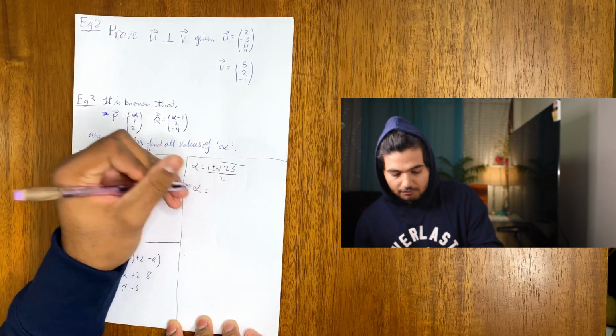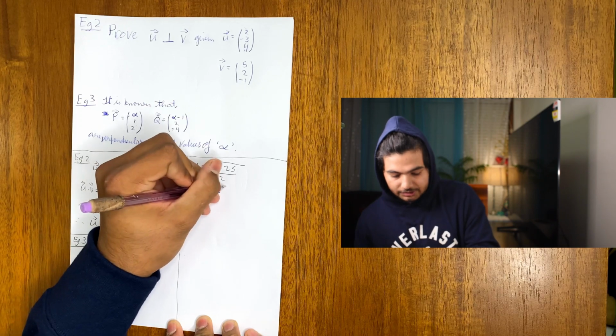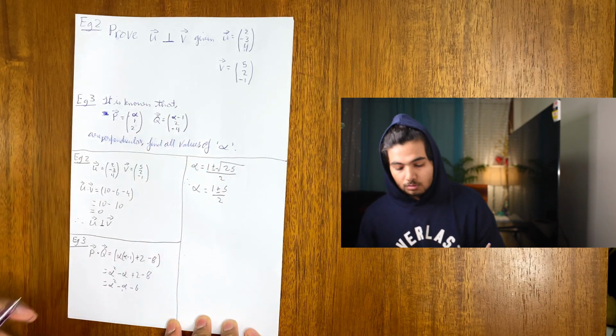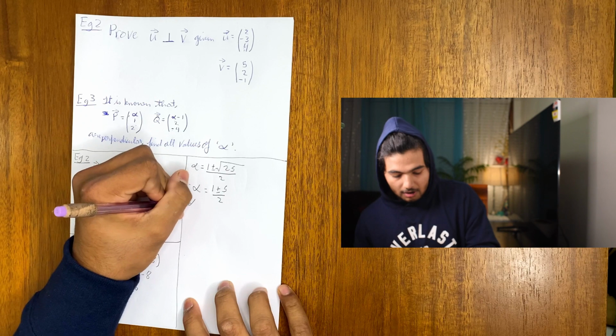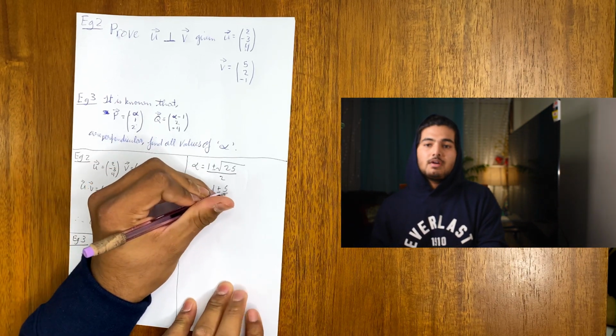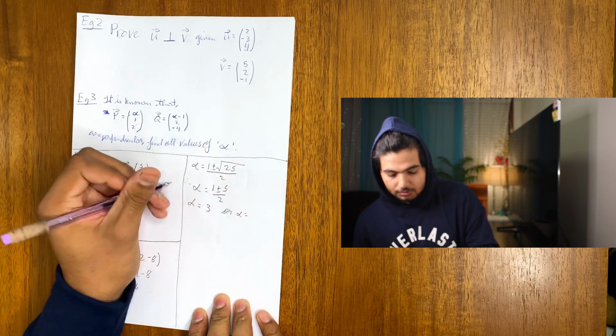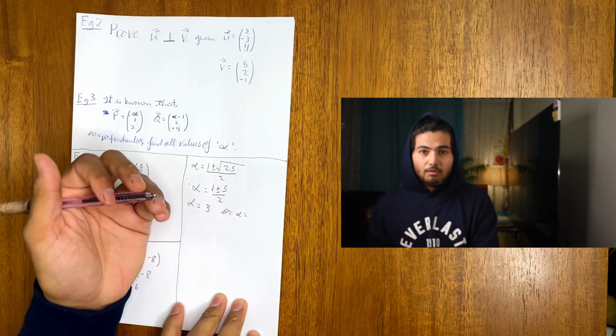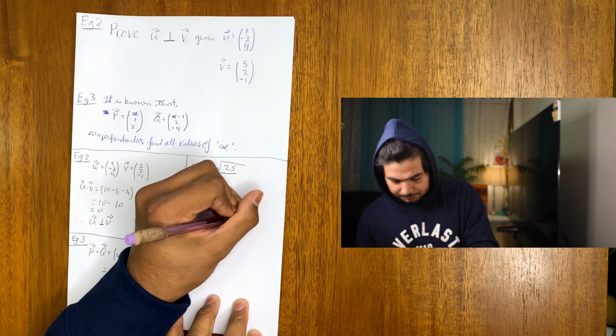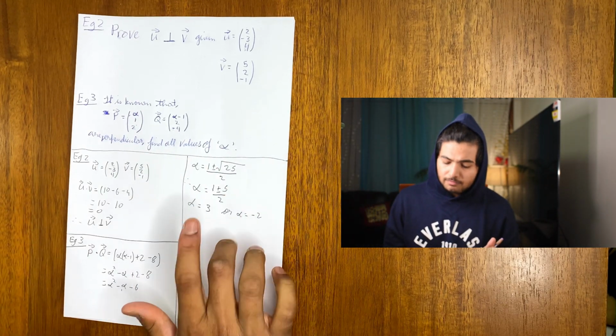Therefore, alpha equals 1 plus minus 5, all upon 2. So alpha equals 1 plus 5 is 6 upon 2, alpha equals 3. Or alpha equals 1 minus 5 is -4, divided by 2 is -2. So we've got two values for alpha over here.